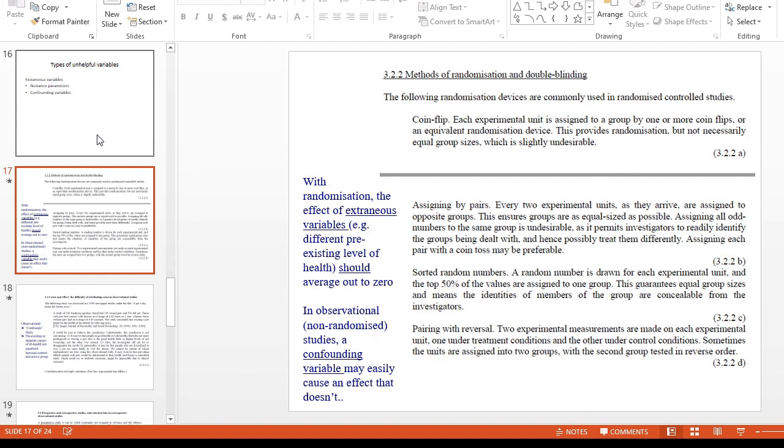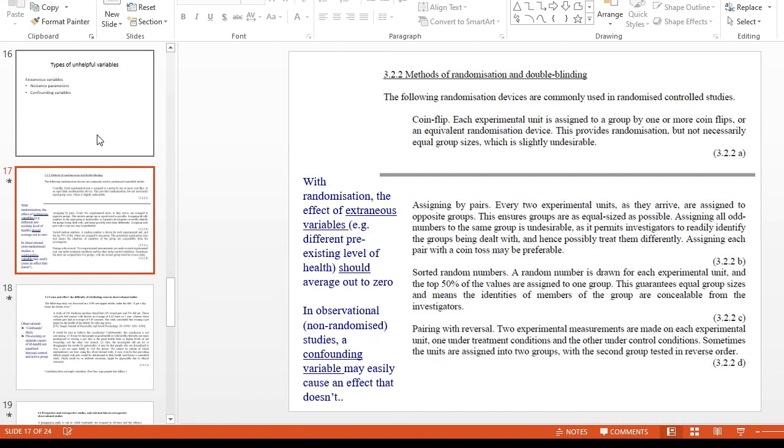This guarantees equal group sizes, and also, unlike some of the other methods like assigning by pairs, sorted random numbers conceals from the investigators which group the second, third, or fourth, etc. unit is being assigned to. Anyway, there are lots of methods for randomly assigning your experimental units to a control group or a treatment group.